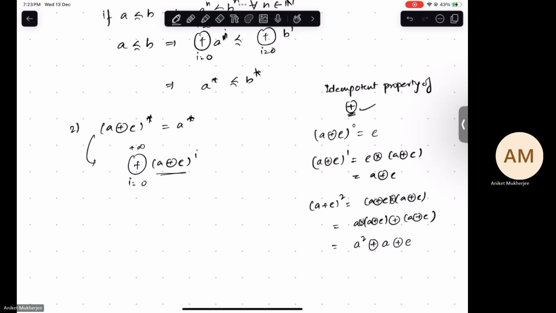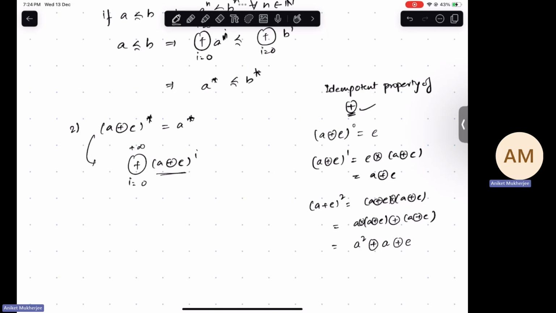The idempotent semi-ring, from the definition that we saw in the last class.